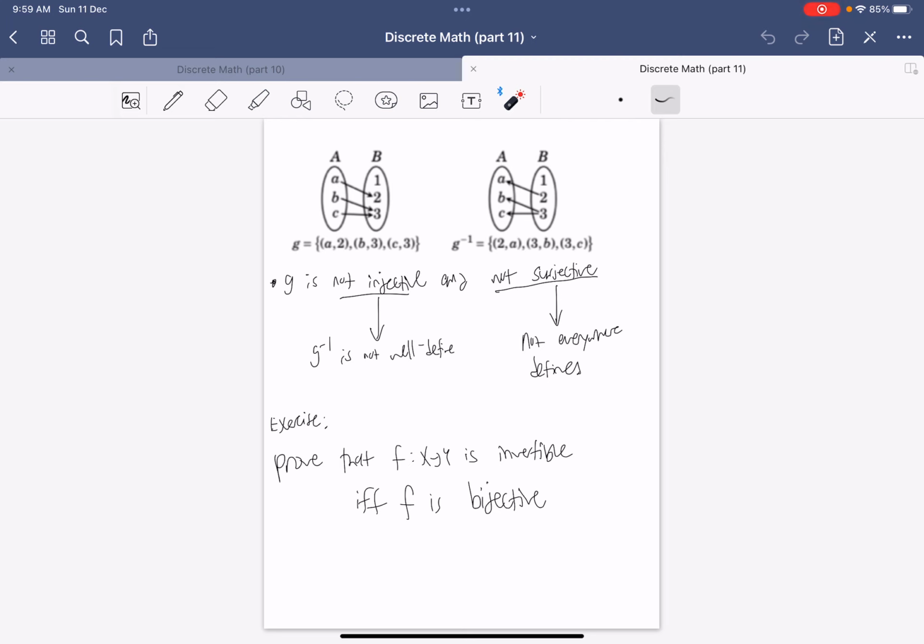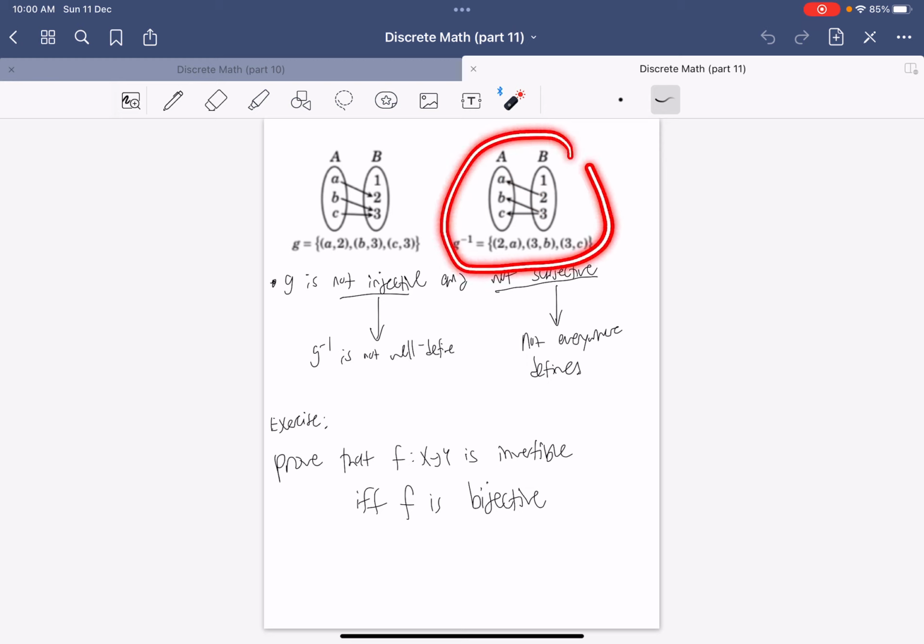Now, let's look at a picture to show when it does not have an inverse. Take this example at the top. A is mapped to 2, B and C are both mapped to 3. If you were to reverse the arrows, you will have to say 2 is mapped to A and 3 is able to map to 2 elements now.